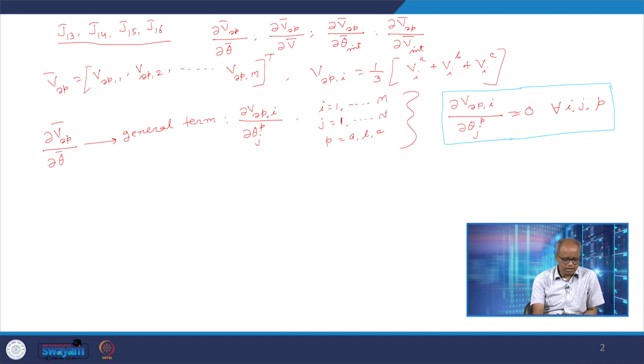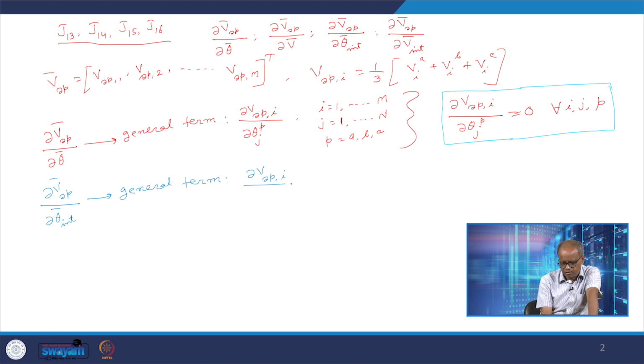Then let us look at the expression del V specified by del theta internal. It will be done very quickly. The general term is del V specified I by del theta internal j, where I, j is equal to 1 to m.